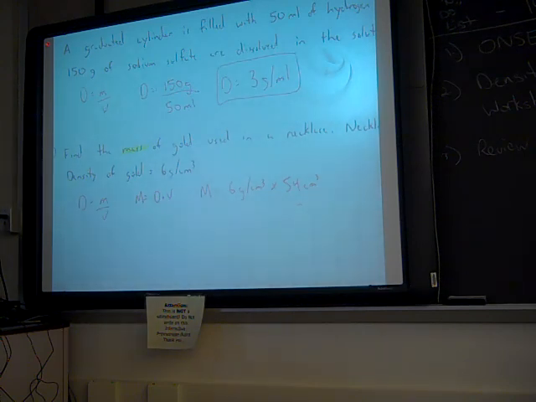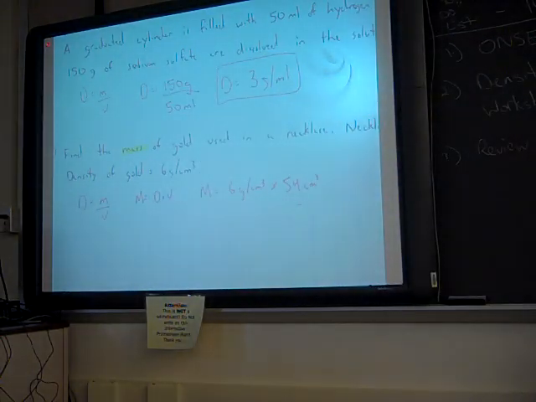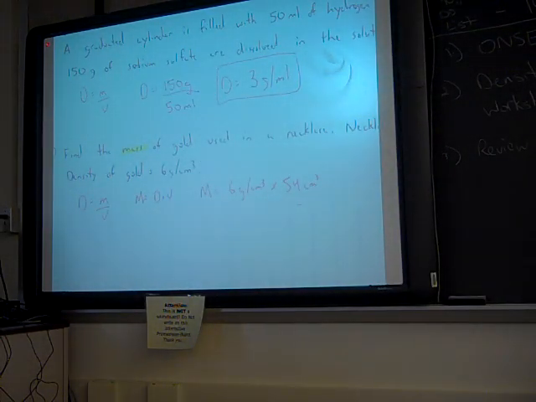You multiply density times volume. The necklace had a volume of 54 cubic centimeters. The density of gold is 6. So 6 times 54 gives you the answer. Because it's mass, it has to be in grams.